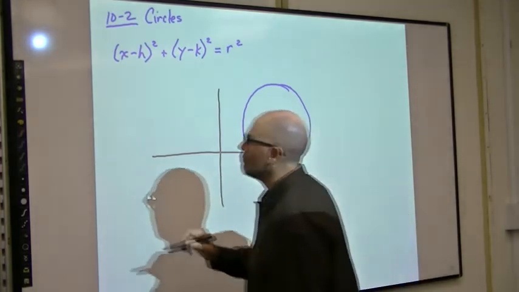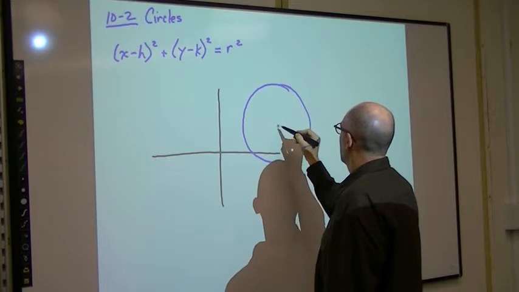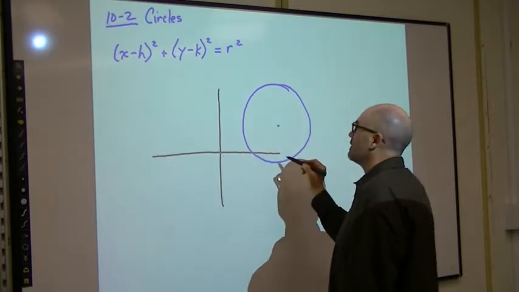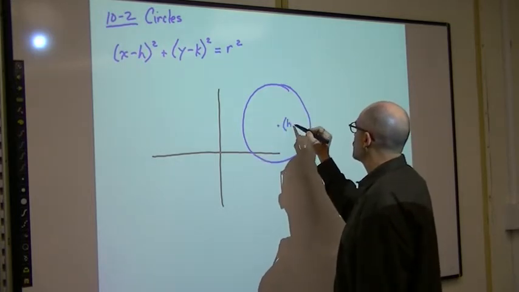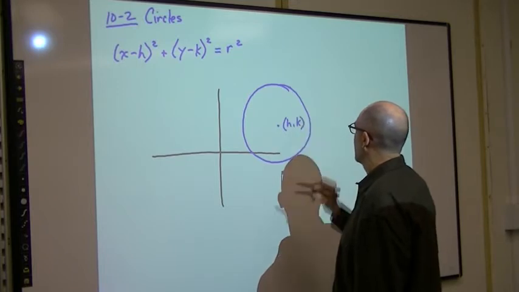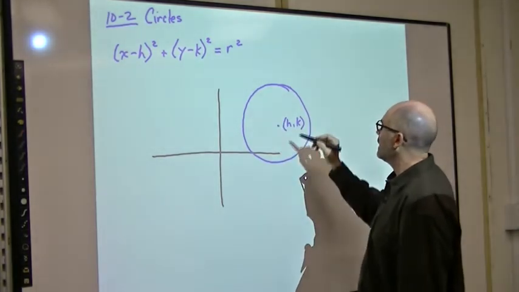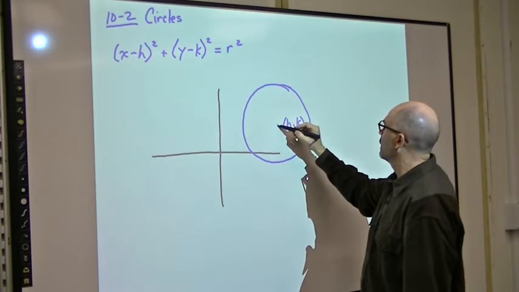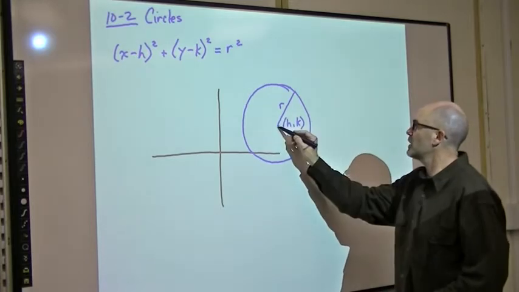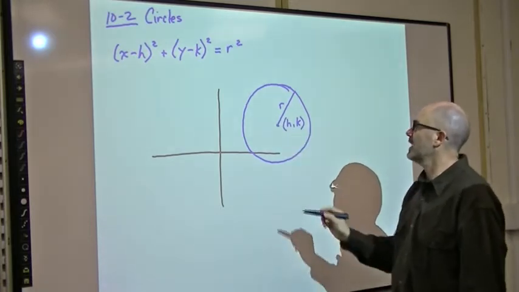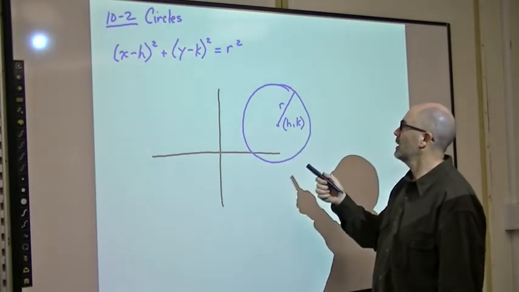Well, the center of this circle is going to be some x value and some y value, so it's going to be h, k. And just like before, this distance is r. So the equation of this circle right here is going to be (x minus h) quantity squared plus (y minus k) quantity squared equals r squared.